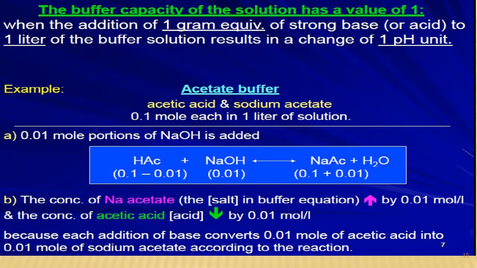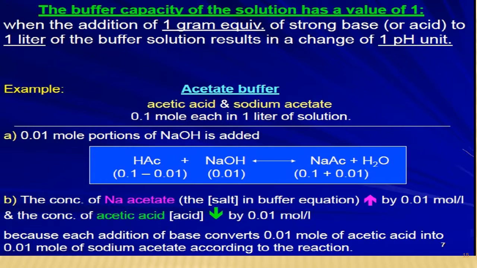Number A, a 0.01 mole portion of sodium hydroxide is added. Take a look here at this equation. We will add 0.01 sodium hydroxide here in this equation to the acetic acid.